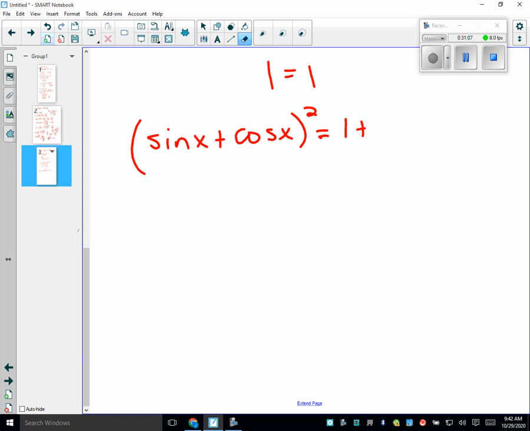1 plus sine of 2x. Okay. What do you want to do? I'm foiling out the... Foil the left? Yeah. Okay, foil it and tell me what you get.